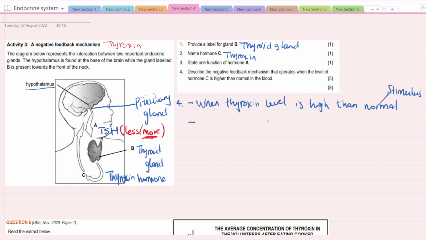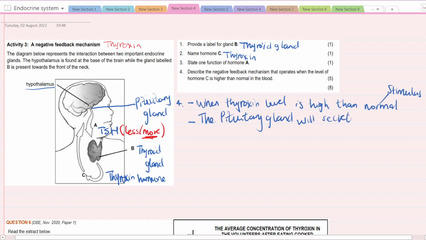When thyroxin level is higher than normal, the control center, which is your pituitary gland, will secrete less TSH. Why is it secreting less TSH? Because it is trying to decrease the thyroxin level back to normal.